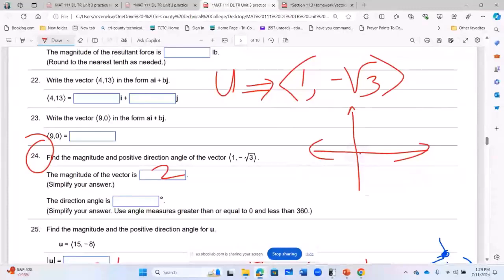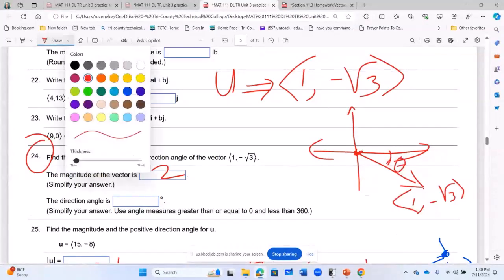All right. So it's a vector, so you need to have an arrowhead. The initial point is right here. The terminal point is right here. So I have (1, negative root 3). But I need to find the value of this angle, the reference angle.